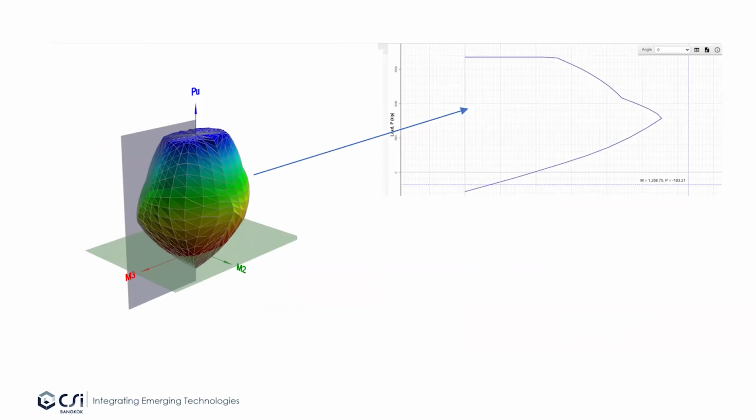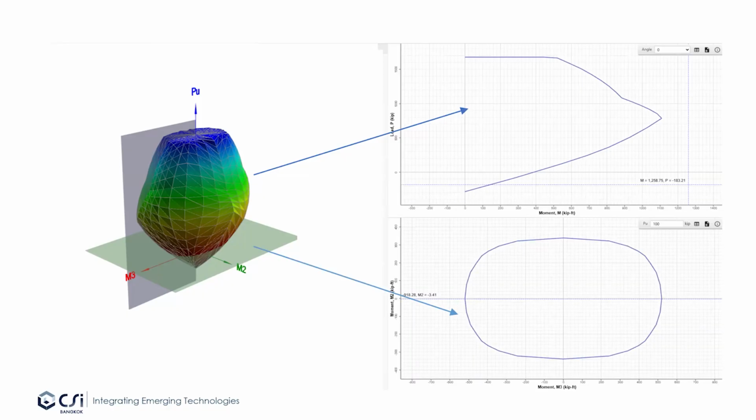One is we cut it vertically and look at PM interactions, moment versus axial load interaction, or we cut it horizontally and look at the two-moment interaction, MX and MY interaction. So we get a full understanding of the cross-section capacity behavior for a given strain constraint, which is 0.003, 0.035. So this is an arbitrary failure surface we generated for a particular strain and stress condition.